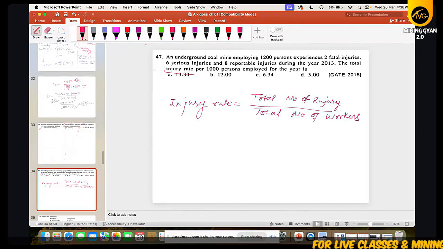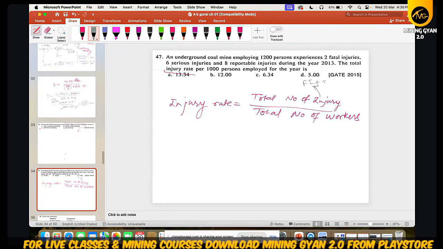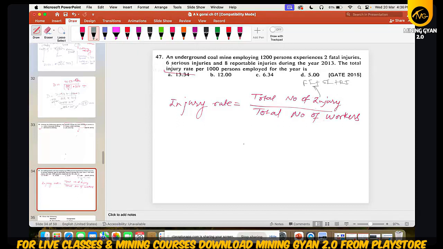In this formula, the total number of injuries means fatal injury भी आएगा, प्लस सीरियस इंजरी भी आएगा, प्लस रिपोर्टेबल इंजरी भी आएगा. सभी प्रकार की इंजरीज आएगी, है ना.